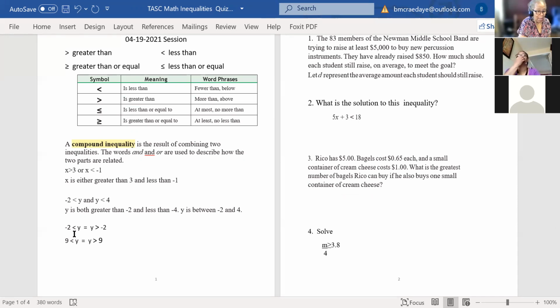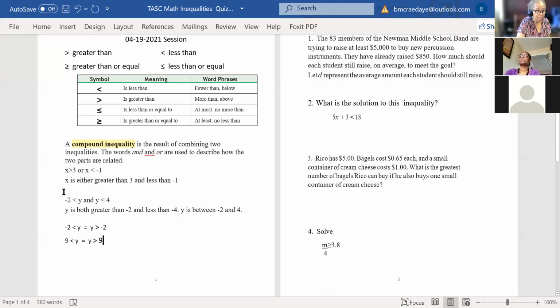Nine less than y. 10. Yeah. So if this were a 10, 9 is less than 10, then what? Y is greater than 9, and 10 is greater than 9, right? You follow? If this number is less than the variable, then the variable is greater than the number.